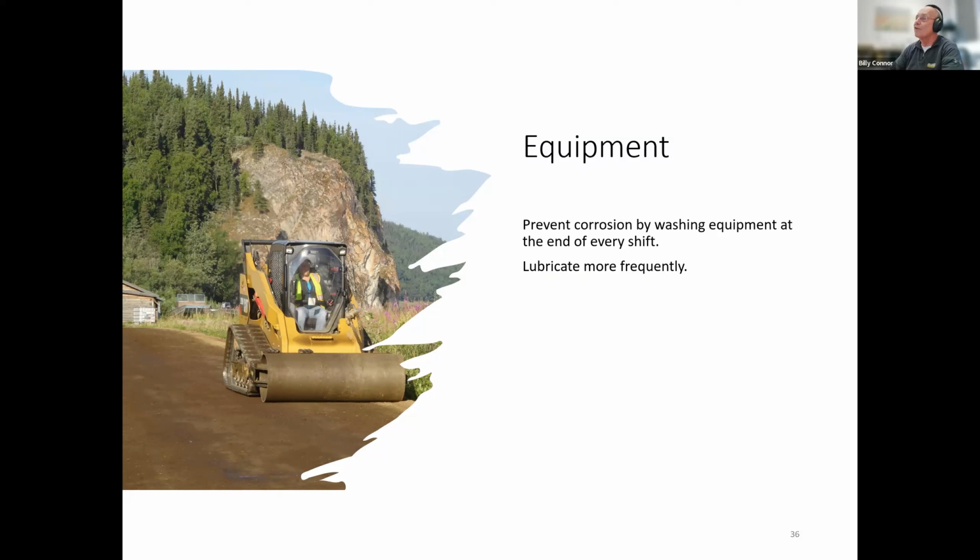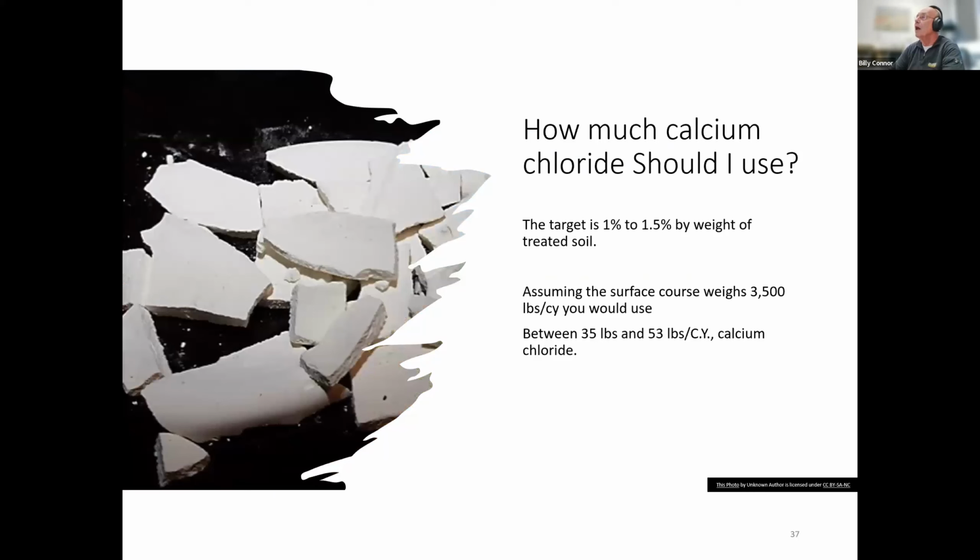So you are going to have to take a bit more time to clean up your equipment on a regular basis. How much? We've talked a little bit about a target of 1% and 1.5%. Just a quick calculation: if you've got 3,500 pounds per cubic yard for your material, which is pretty common for Alaska, if you use that, you would always be right in the ballpark.